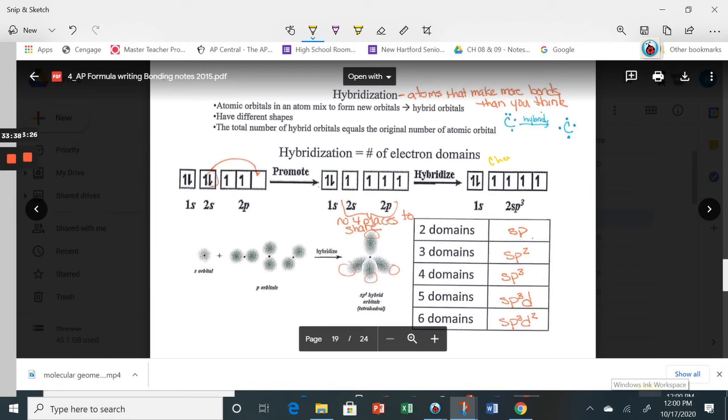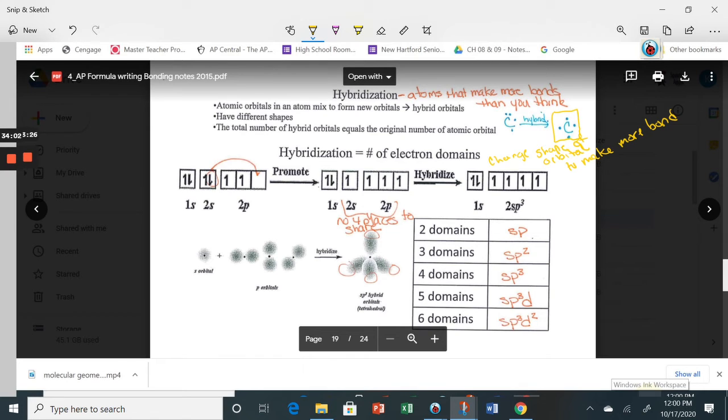You change the shape of the orbital to make more bonds. Carbon's the one that does it all the time. This is even an acceptable Lewis dot for carbon as an atom, because carbon hybridizes.